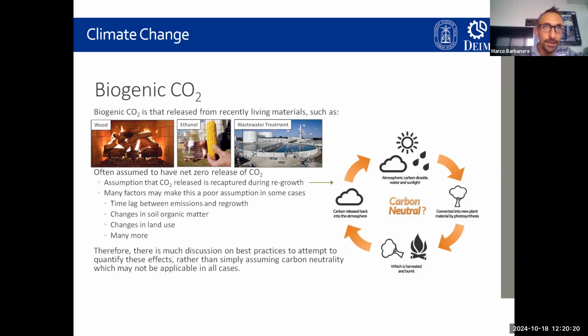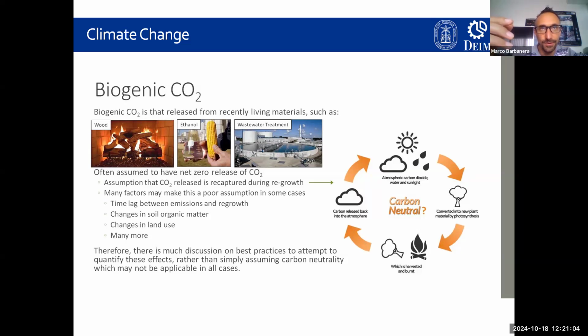Also, because in theory, biogenic greenhouse gas emissions often are assumed to have a net zero release of greenhouse gases. Why? The reason is that the CO2 released by a biological process is recaptured during the regrowth of the biomass.